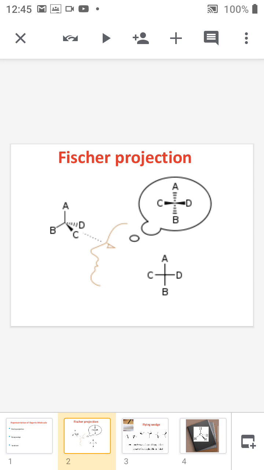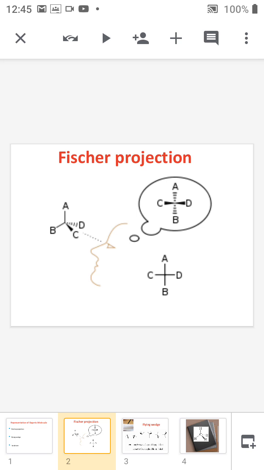As you know, carbon has four valencies, and here in this molecule the four valencies are satisfied by A, B, C and the last one by D. So if you are observing the molecule, the atom C is on our left hand side and atom D is on our right hand side.